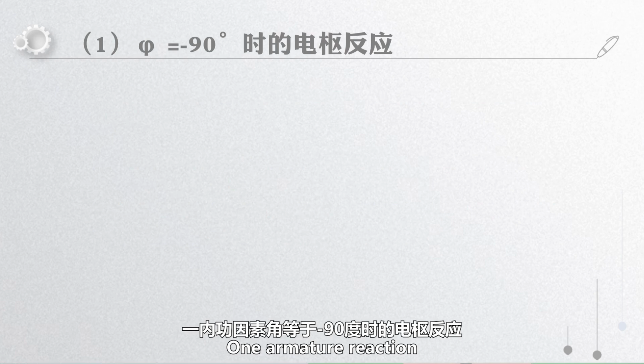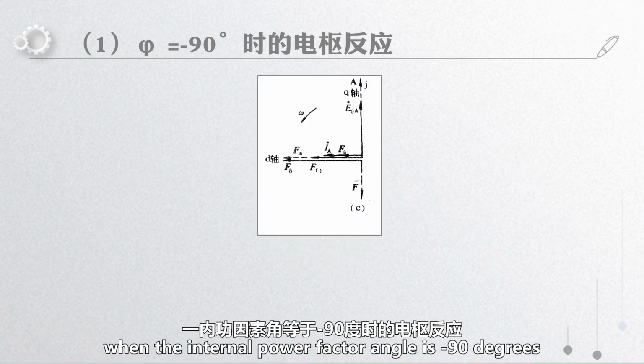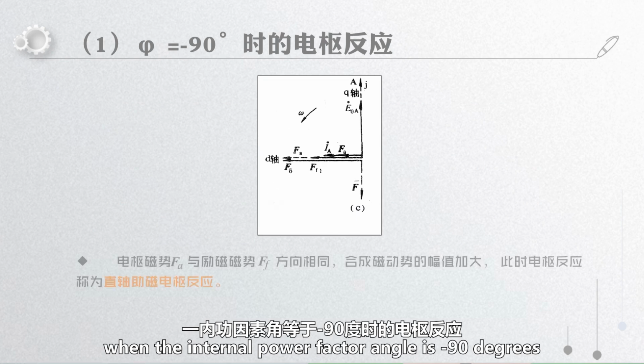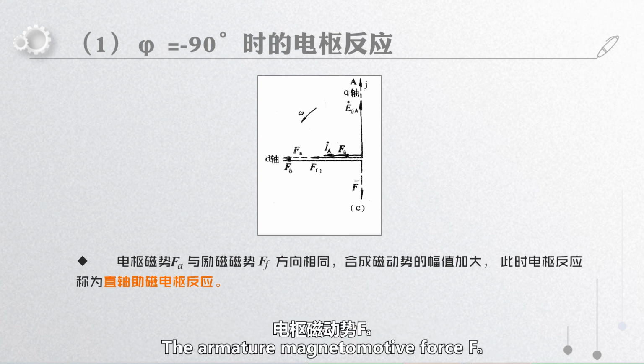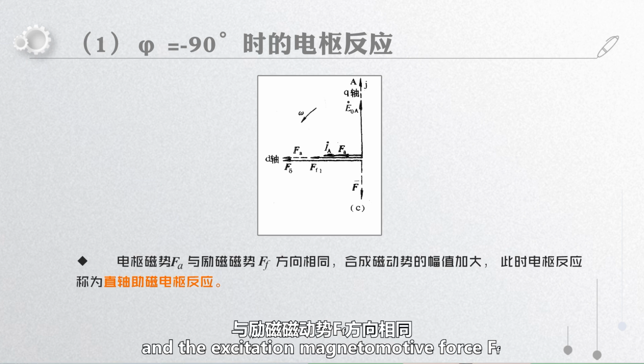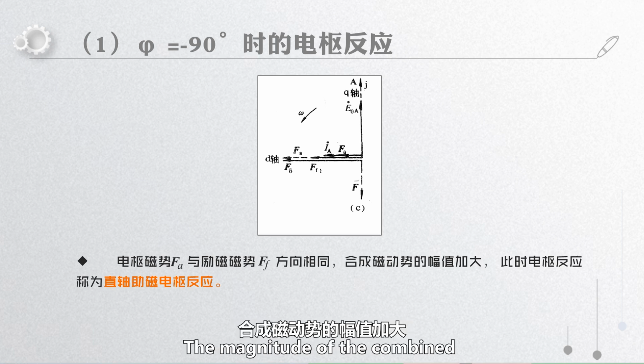1. Armature reaction when the internal power factor angle is minus 90 degrees. The armature magnetomotive force, Fa, and the excitation magnetomotive force, Ff, are in the same direction. The magnitude of the combined magnetomotive force increases.